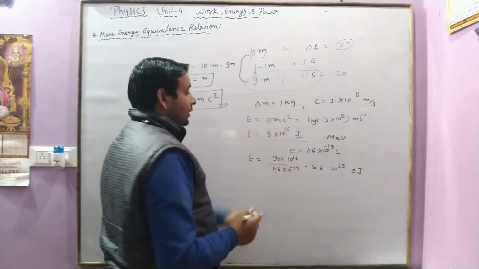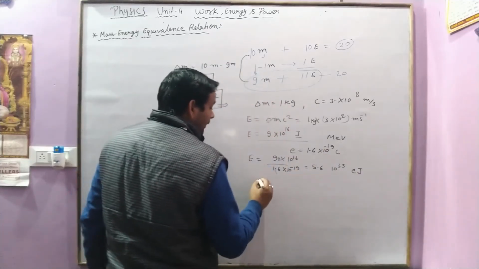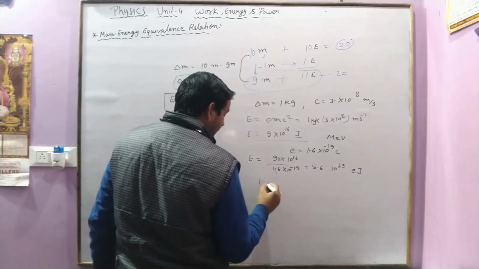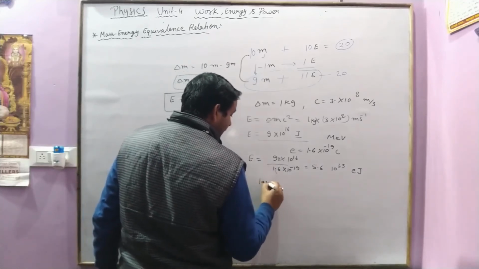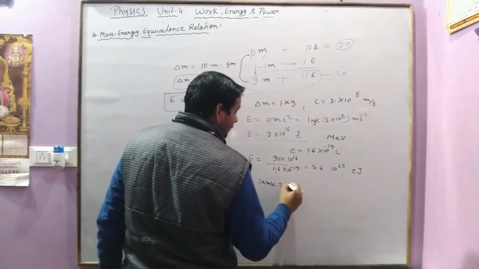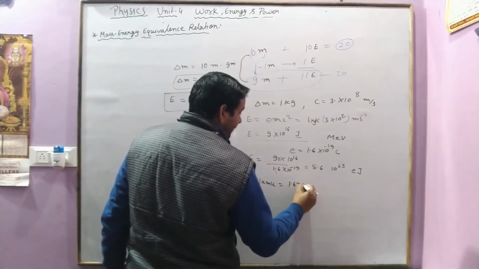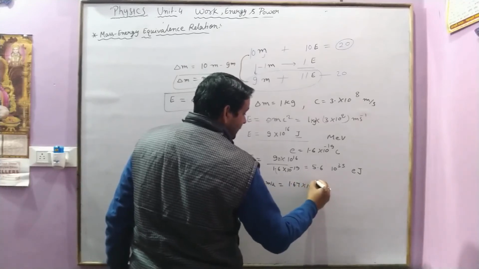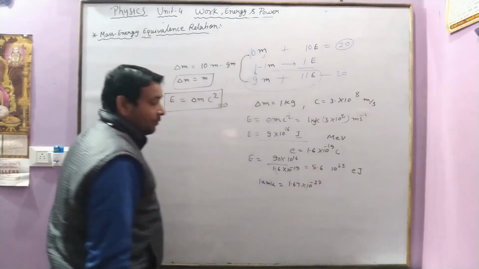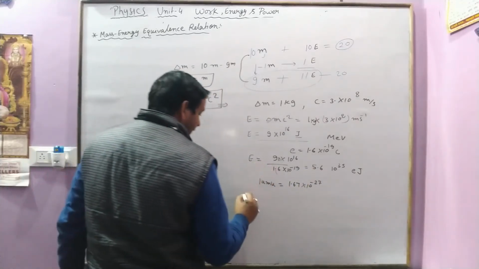Now this will be multiplied with 1 AMU. 1 AMU is equal to 1.67 into 10 to the power minus 27. Then you will calculate it.